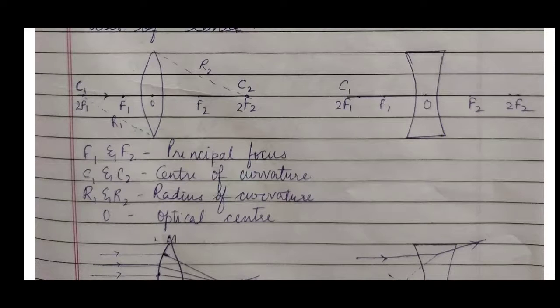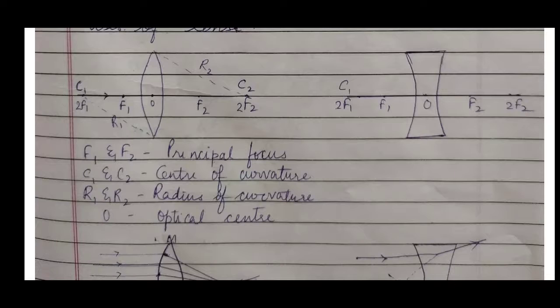In the first figure, that is the convex lens, O is the optical center, f1 and f2 are the two principal focus, c1 and c2 are the centers of curvature. So we can say that 2f1, double of focus. Okay, f1 is the focus and 2f1 is the second focus. So the double of the focus can be considered as a center of curvature.